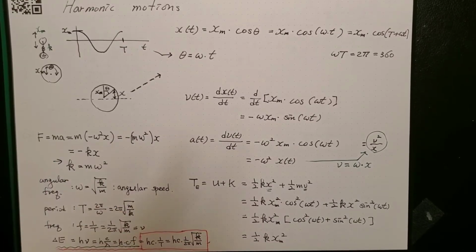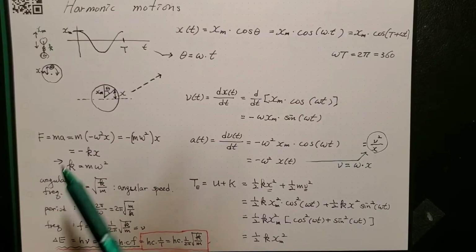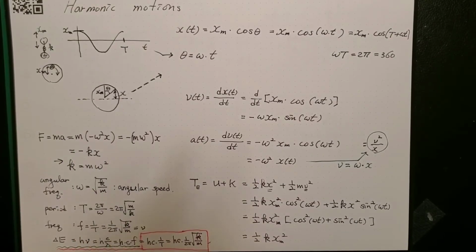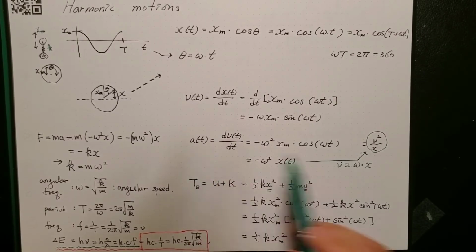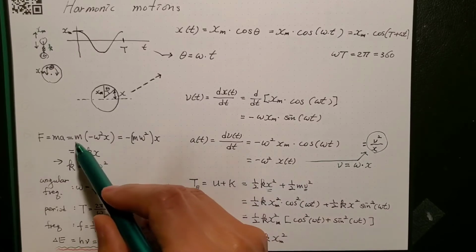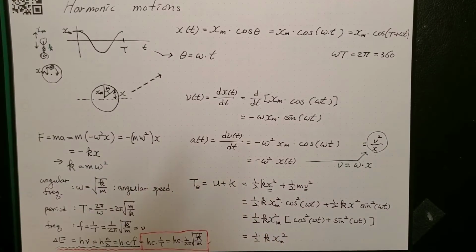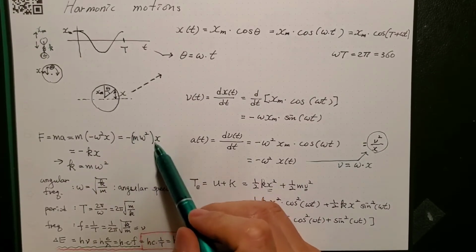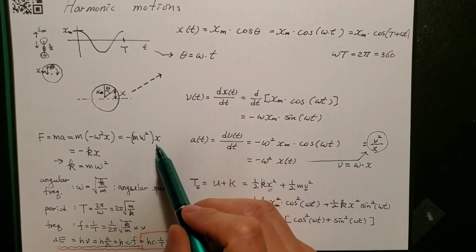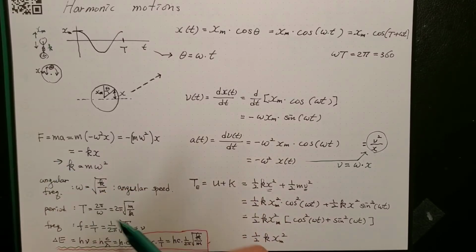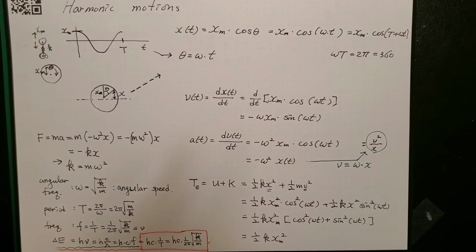Also, you come over here, you can see if you exerted force to make this object turn at a certain acceleration, you can come up with this equation using the acceleration equal to that. So you come up with this, then you arrange them this way, then you can put it as F equals kx.